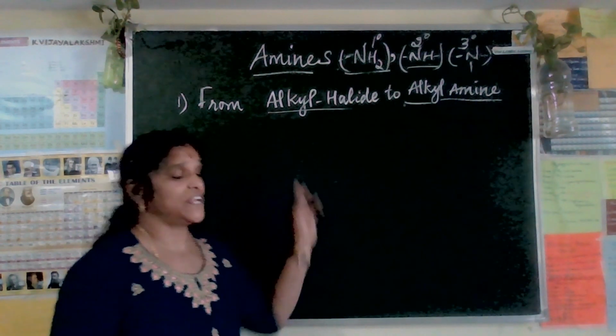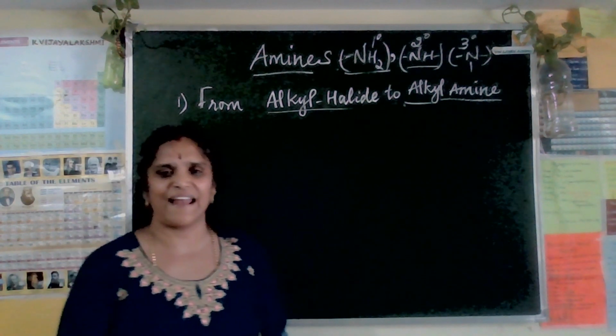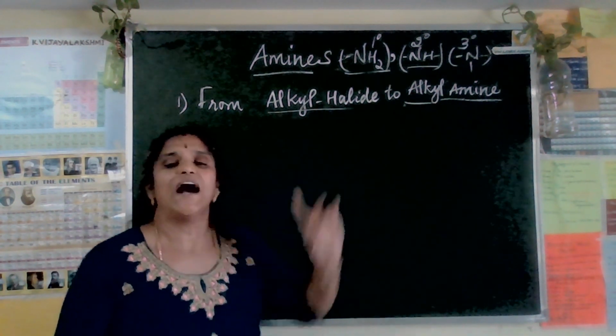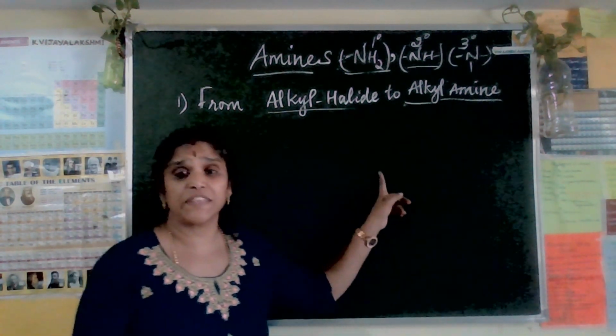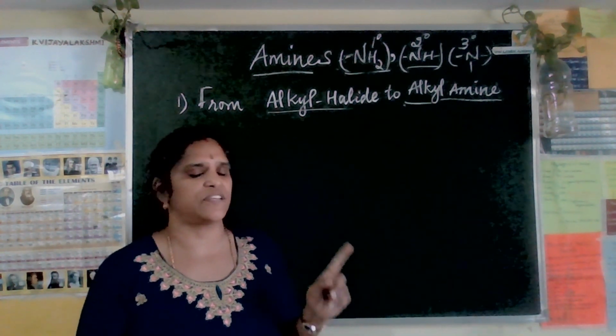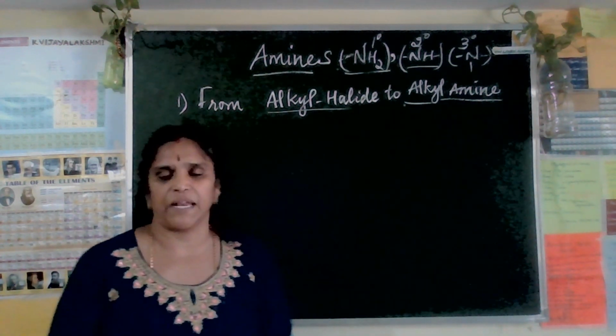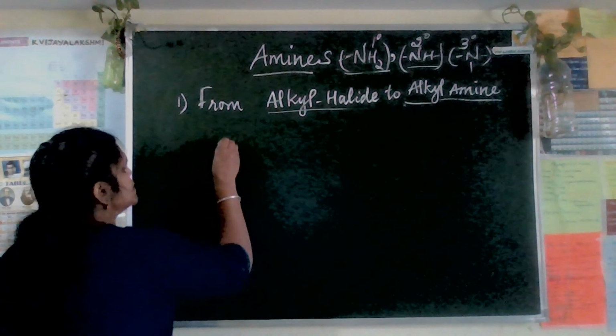The next question: how do we get alkyl amine from alkyl halide? It is so simple. Alkyl halide combined with alcoholic ammonia, if you heat at 373 Kelvin, you get alkyl amine. Let us go for it.